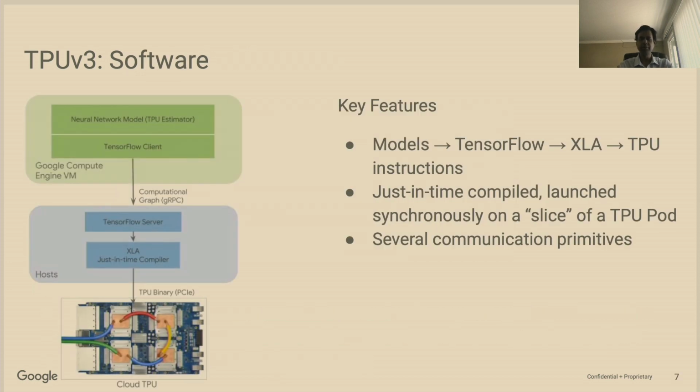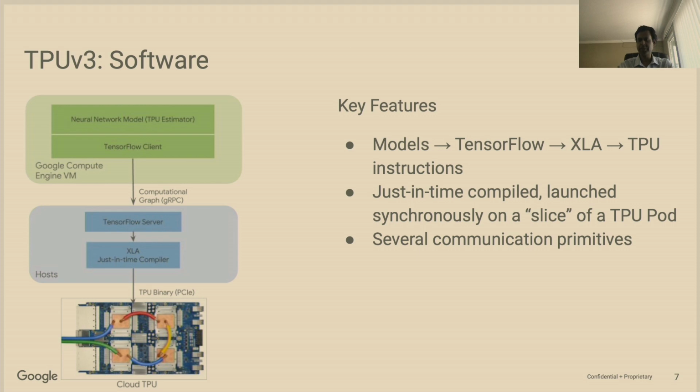A brief overview of the TPU v3 software stack. When the neural network model is developed in TensorFlow, it is compiled to a TensorFlow graph, and then the TensorFlow graph is converted to an XLA higher level operation graph, and then the higher level operation graph is converted to TPU machine instructions.